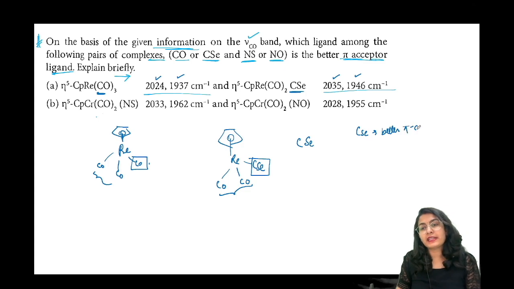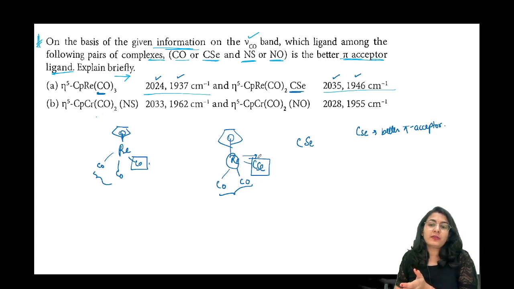If it is a better pi acceptor, then what will happen? The electron density that is coming from the negative ligand is going to come to the rhenium, and rhenium is going to pass out this electron density more to this better pi acceptor as compared to the carbonyls, and because of that the carbonyl stretching frequency increases. So that has exactly happened over here. So this CSe is a better pi acceptor as compared to the carbonyl.